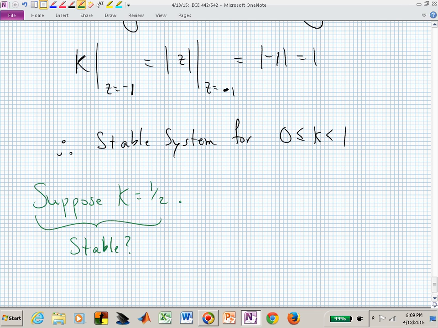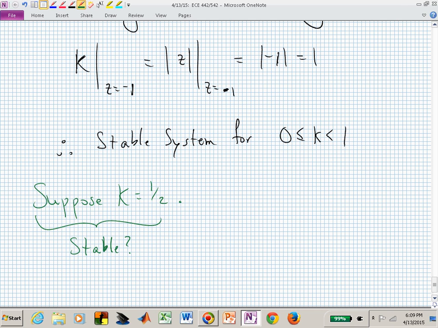And there's a lot of different ways you could solve that. You could find the closed loop transfer function and evaluate your closed loop denominator for your closed loop poles and just find the result. You could sketch the root locus, evaluate the maximum gain, and you see, oh, it's 1, and it's between 0 and 1, you're stable, so 1/2 is stable, and that's how you could justify your answer.